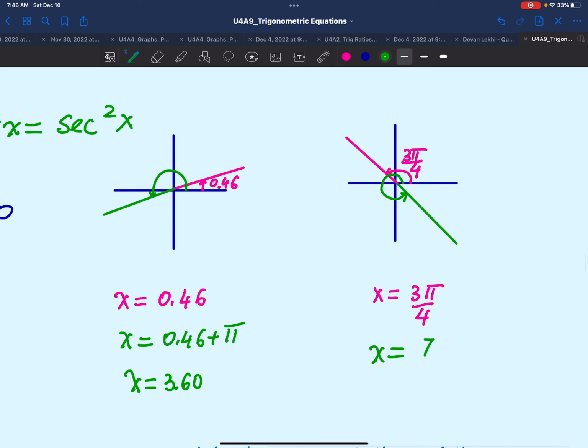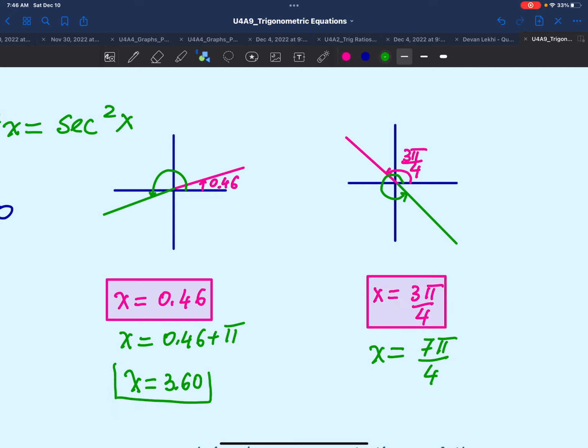So you can just read the angle off the Cartesian plane. So here we go. We got all the answers. So the first one, 0.46. And then we have 3 pi over 4. We have the angle 3.60 radians and the angle 7 pi over 4.